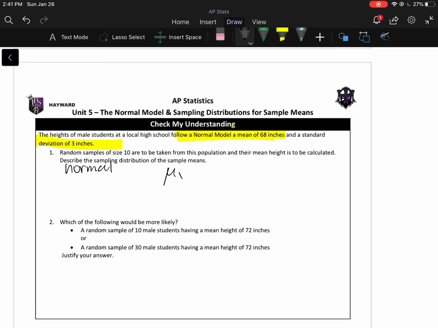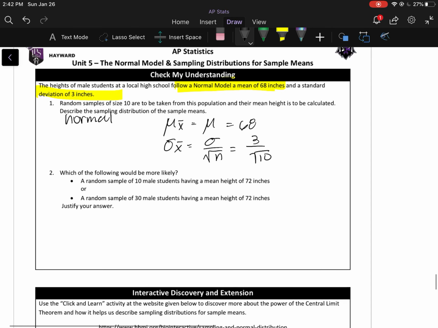We know that mu of x bar, the sampling mean, is going to be equal to the population mean, which is 68. We know that sigma x bar is equal to the standard deviation over square root of n, which is 3 over the square root of 10. So this is describing the sampling distribution.